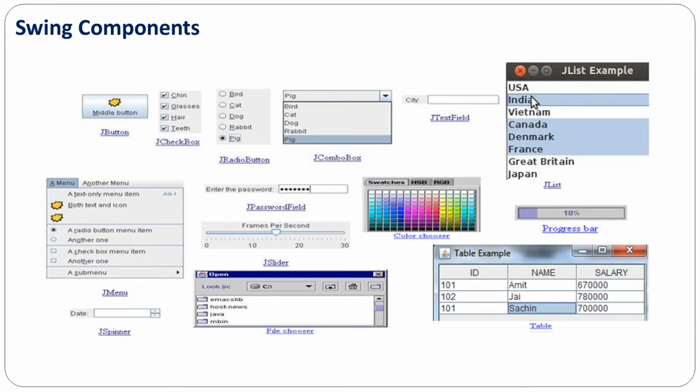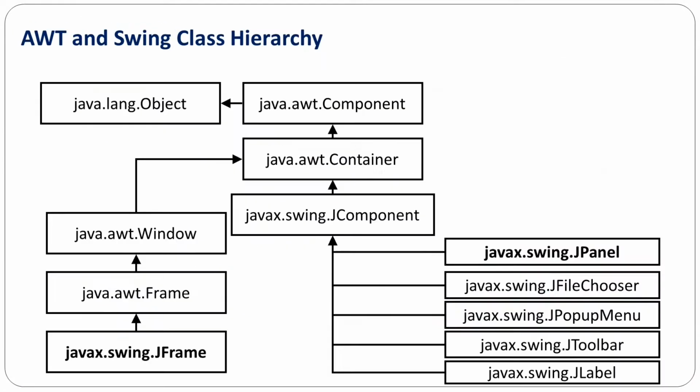At the top there is the topmost Object class, and we all know that Object is the topmost class in Java. From that class all other classes are derived. So with respect to a container in AWT or Swing, the Component class is derived from the Object class, and from the Component class the Container class is derived.